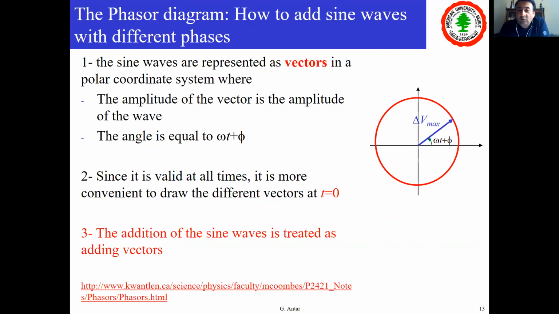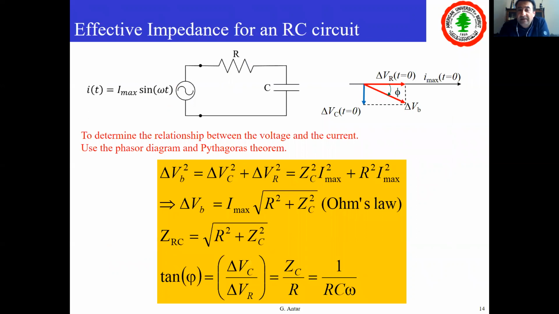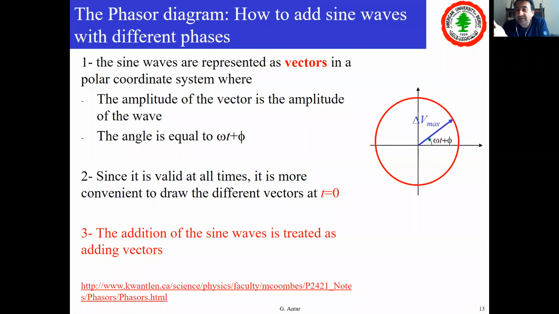Okay. Now, how do we continue? So I'm going to have delta V R, let's say at t equal to 0 to simplify. Since this phasor diagram is valid at any time, the easiest way is to put t equal to 0. Okay. So the addition of sine waves is treated as addition of vectors.